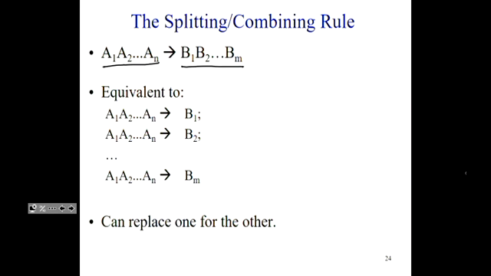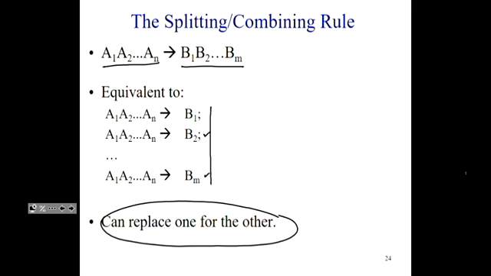This is equivalent to A1 through AN implies B1, A1 through AN implies B2, and so on up until BM, and we can replace one of these for the other. So if you have this set, I can replace that with this, and I can replace this guy with this set. Okay, this is trivially true, right?